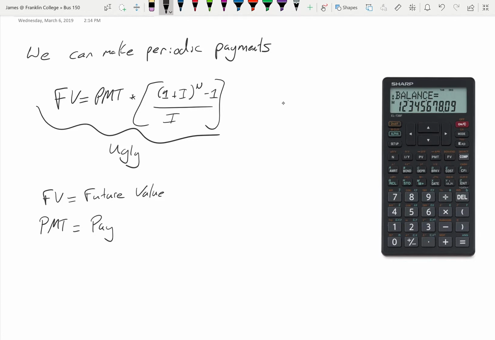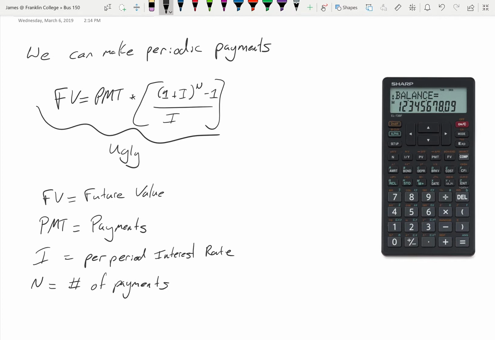This is our periodic payments into the account. I, once again, is going to be our per period interest rate. And then N is the number of payments.